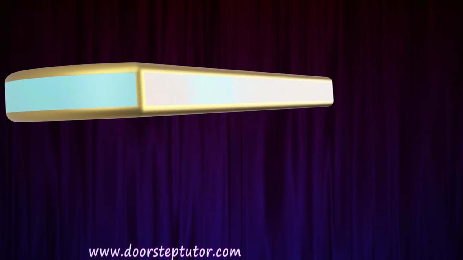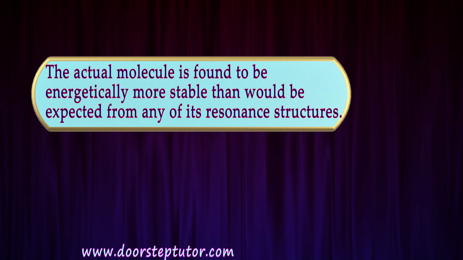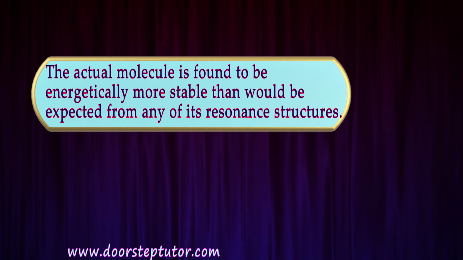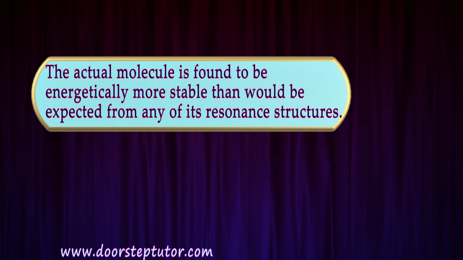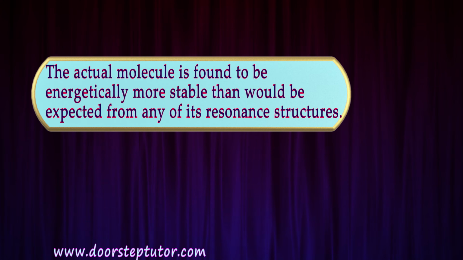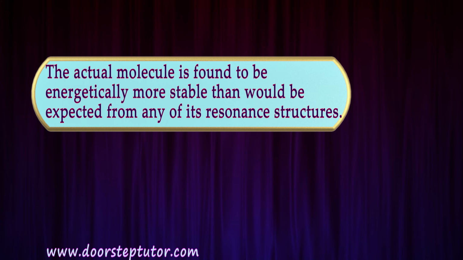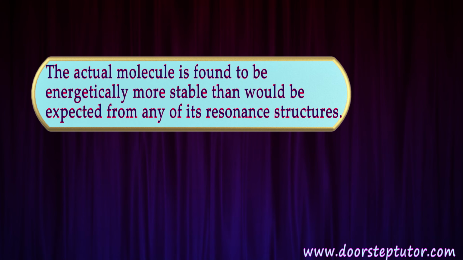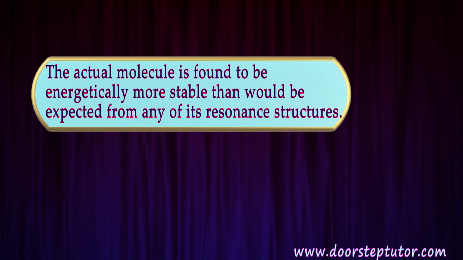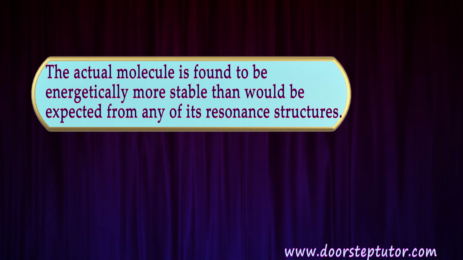The actual molecule is found to be energetically more stable than would be expected from any of its resonating structures. As we have seen in formate ion, the hybrid structure of formate ion is energetically more stable than the other two resonating structures.